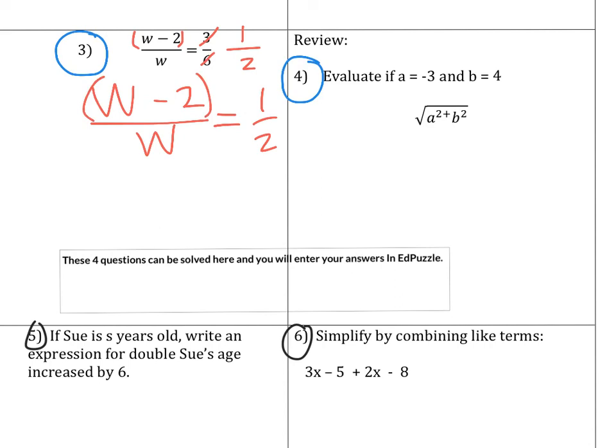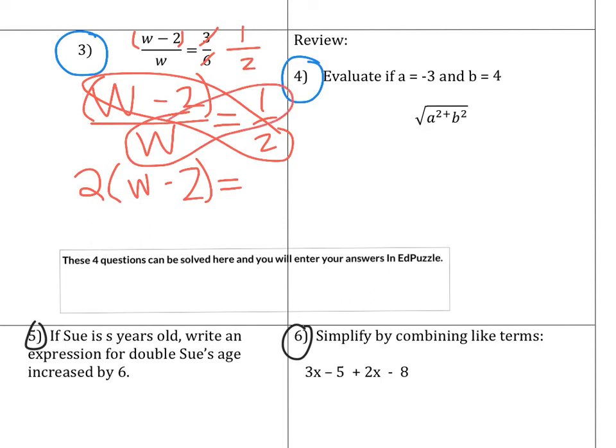We're going to cross multiply. So I'm going to put that 2 out in front. 2 parentheses W minus 2 is equal to 1 times W. I'm going to let you solve it from here. Remember, you can always plug it back in to check it. You're going to put your final answer in the Ed Puzzle video.